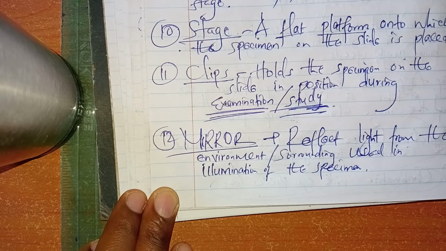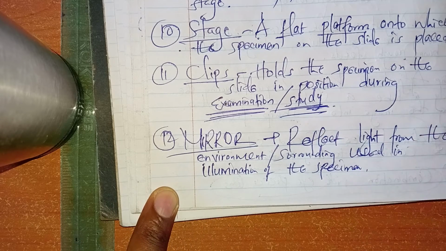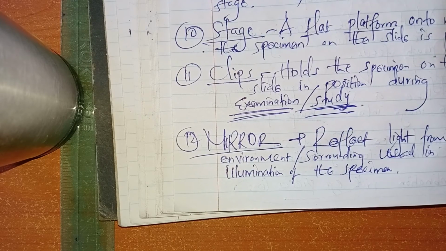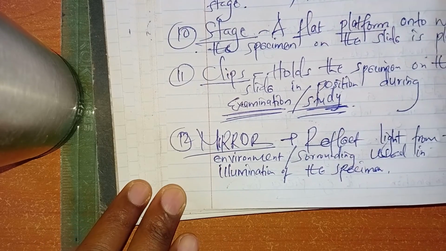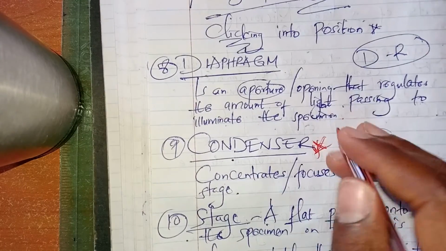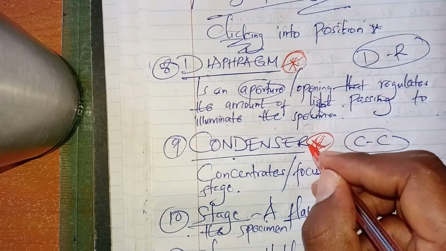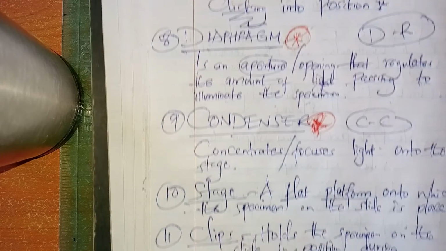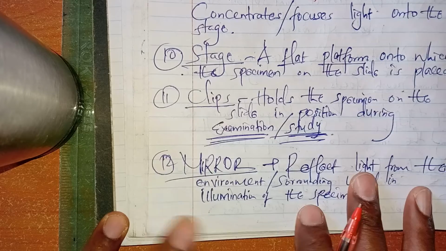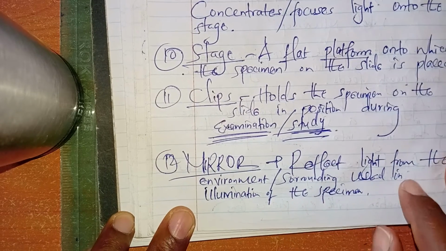After talking about those parts, I will only emphasize that we have two parts that are very common and difficult for a number of students, and that is the condenser and the diaphragm. These are very confusing when they are set in the exam. In my video where I was showing you a chart and the microscope itself, I may have forgotten to emphasize on the two.